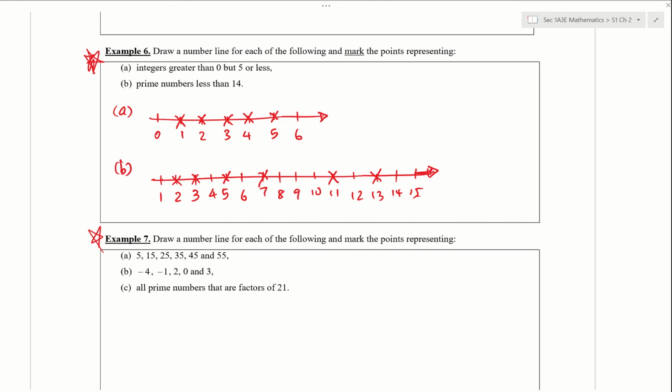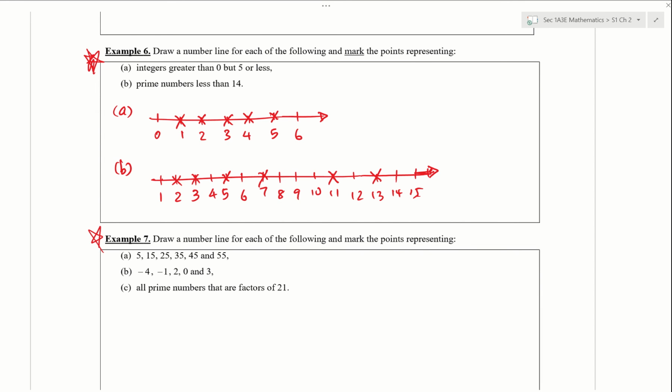Earlier on I said about 1 cm represent 1 unit or 2 cm represent 1 unit, right? Do we really have to follow exactly 1 cm 1 unit, 2 cm 2 units? As long as it looks reasonable, I will accept. I'm not going to take my ruler and measure. Of course, in other words, the best way is still to measure.